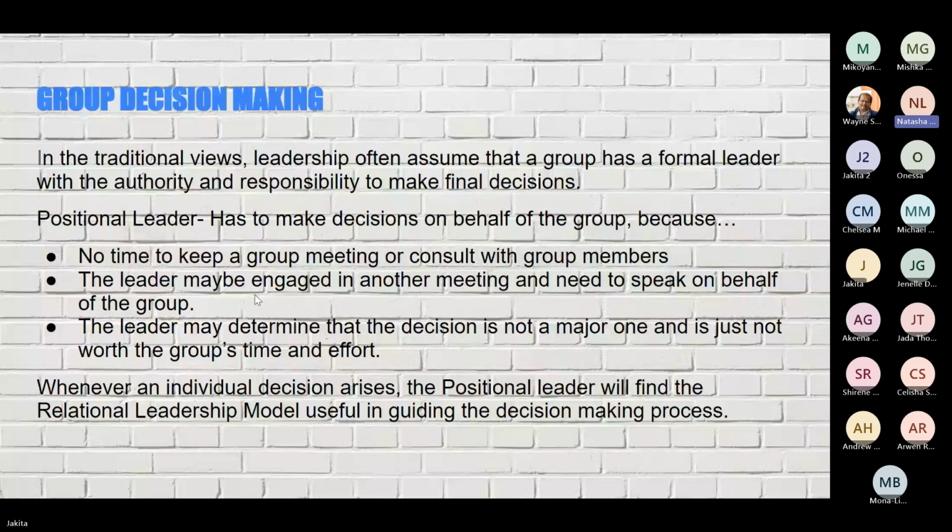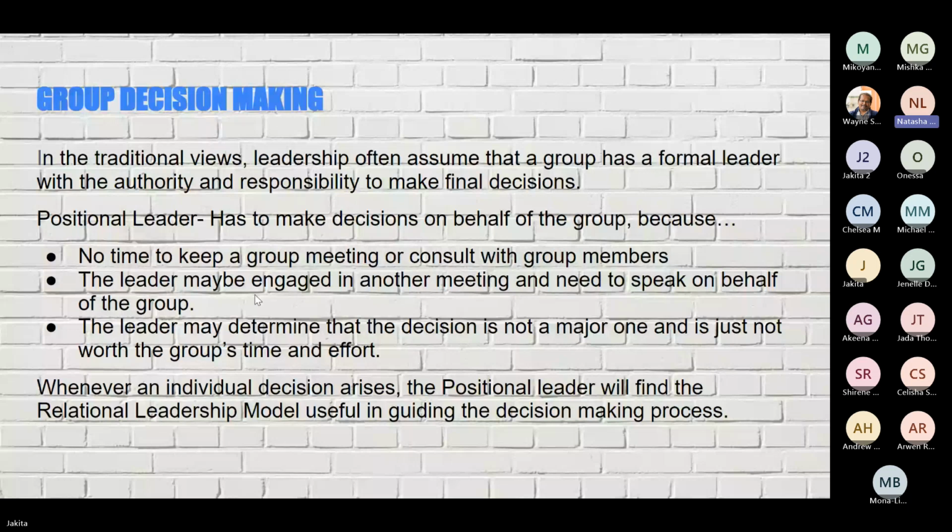The leader may be engaged in another meeting and need to speak on behalf of the group, or the leader may determine that the decision is not a major one and is just not worth the group's time and effort. Whenever an individual decision arises, the positional leader will find the relational leadership model useful in guiding the decision-making process. Next slide.